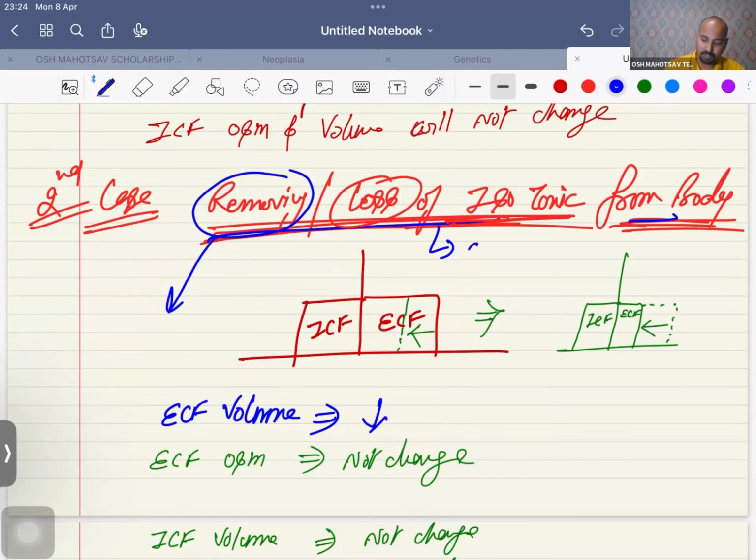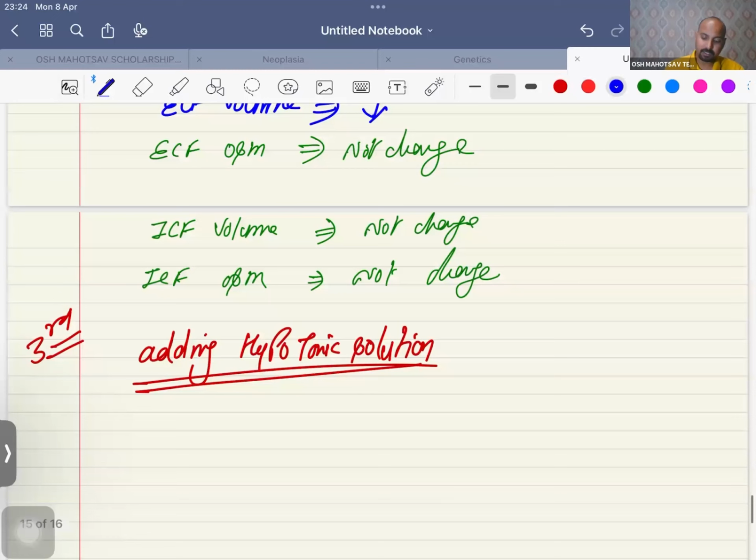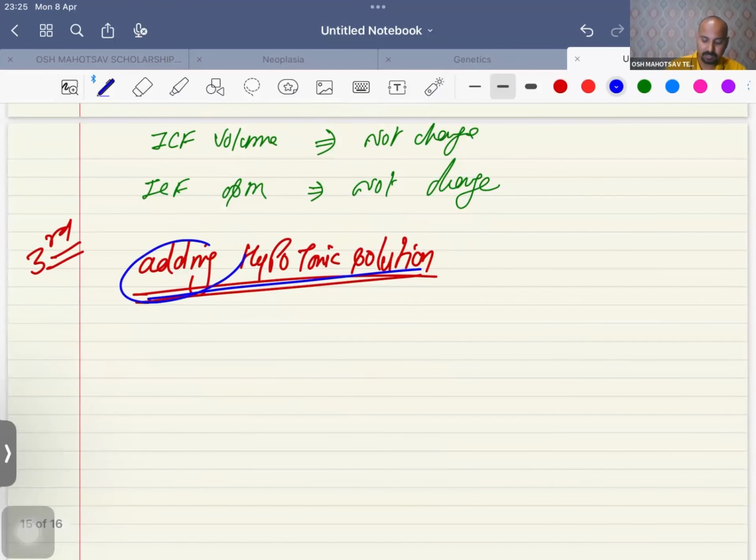Examples are diarrhea, vomiting, or hemorrhage. Now we have adding hypotonic solution. Hypotonic solution means we are adding more water and fewer solutes.